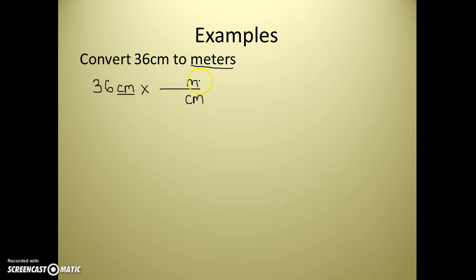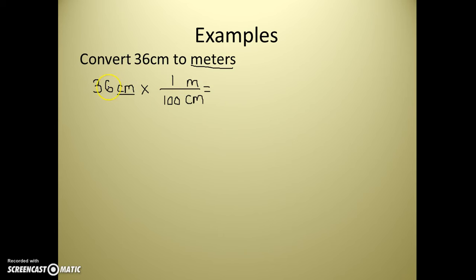Now, which unit is larger, a meter or a centimeter? Meter is the larger unit, so we're going to assign it the 1. Centi means 100, so we're going to put 100 on the bottom. And then you would do the math. So you're multiplying by a fraction. So 36 times 1 is just 36.